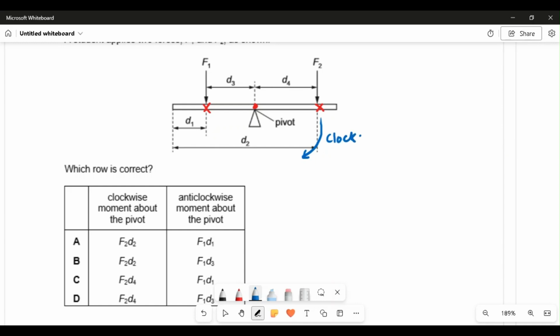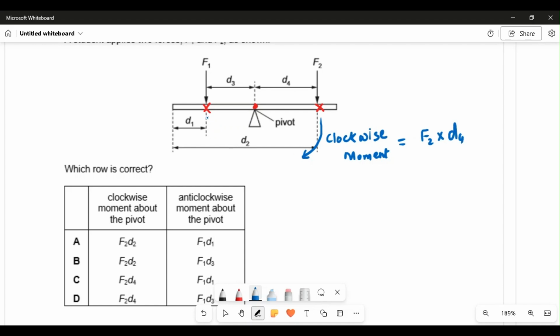If you look at the clockwise movement, it will be equal to the force F2 times the distance d4.